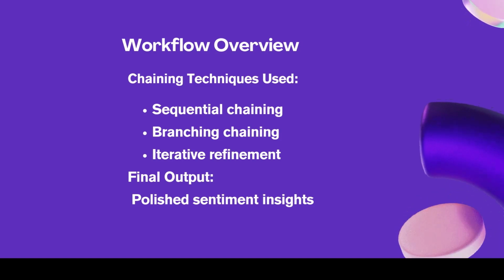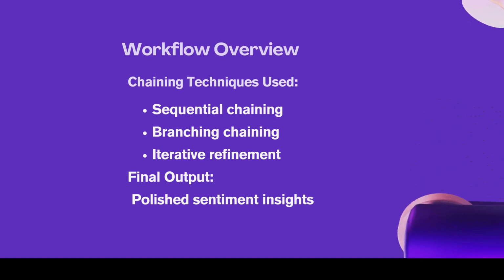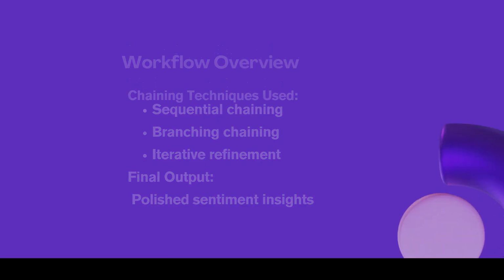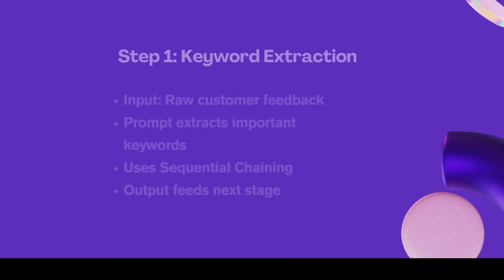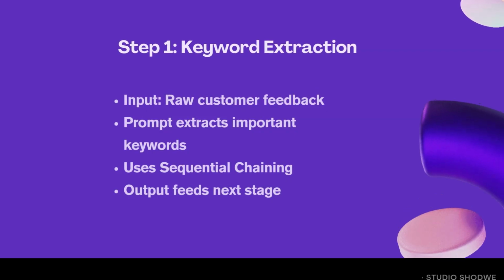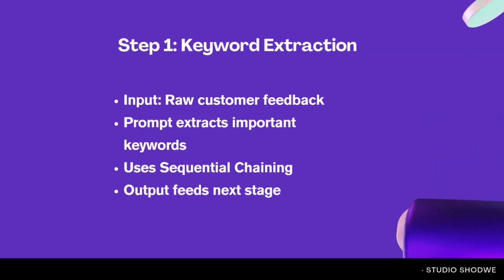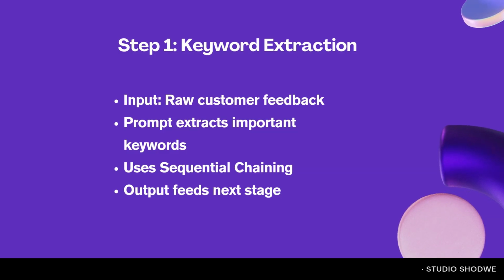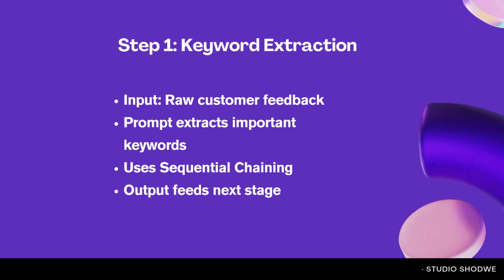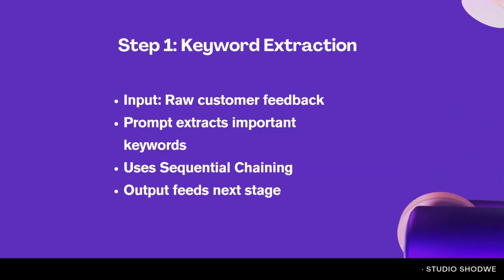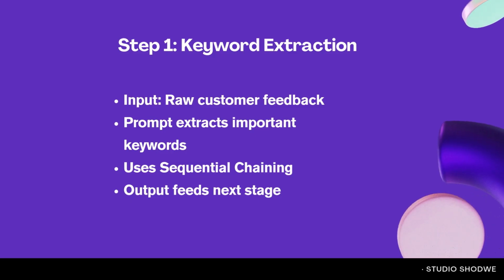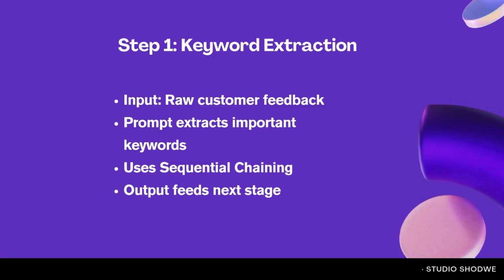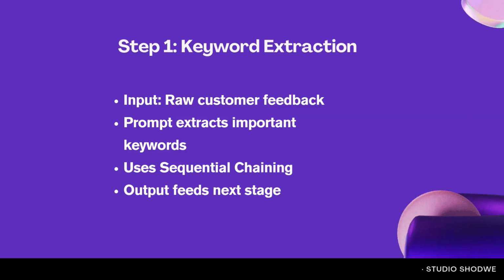Step 1, keyword extraction. In the first step, we extract keywords from user feedback. The input text is processed through a prompt template that identifies significant keywords. This step uses sequential chaining, ensuring that the extracted keywords are passed directly to the next step.